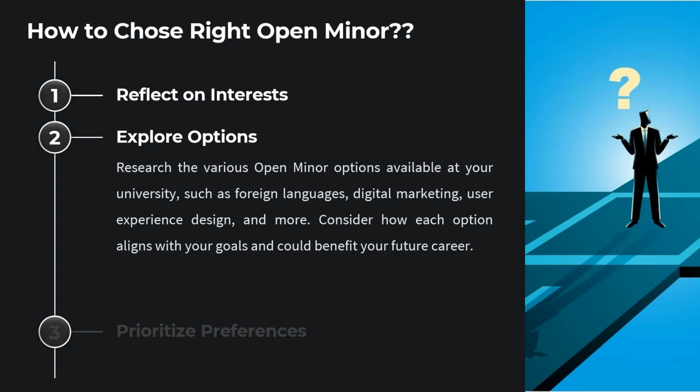For that, you can also take help from the internet to learn about the subject that you are taking up as a preference under open minor options, so that you can have background knowledge about the subject that you want to choose. So consider how each option aligns with your goals and could benefit your future career.